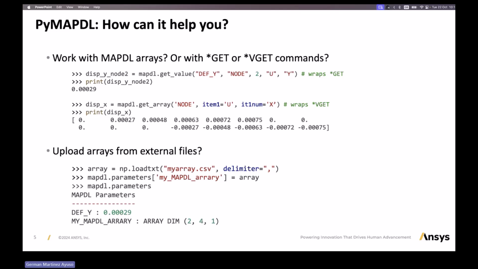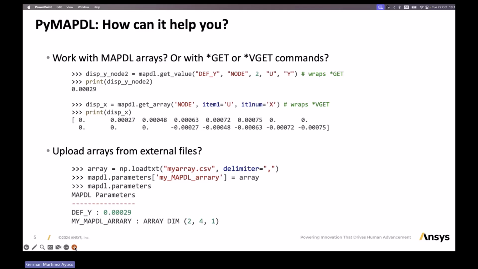It can get a bit difficult to use commands like *TREAD or *VREAD to get the data that you need in MAPDL. So this way you really simplify everything, and we provide it for you. You just load the array or the data using any Python tool, and then save it as a parameter with the given name.